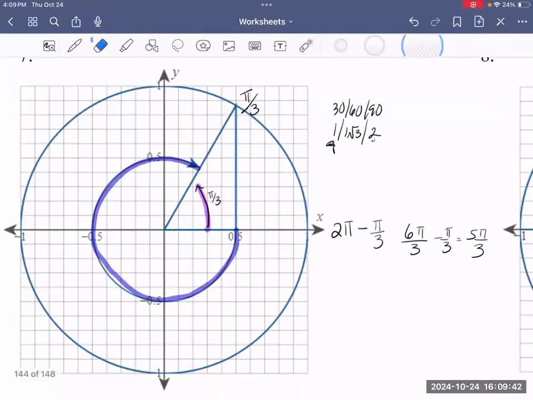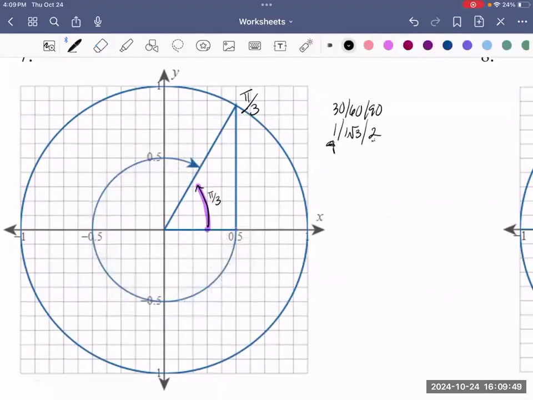We could also think about it differently as well. If we've traveled half of your unit circle, this would be pi.